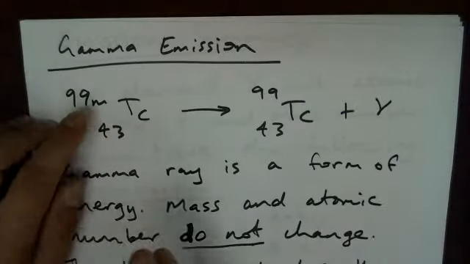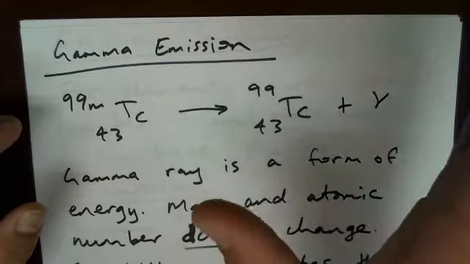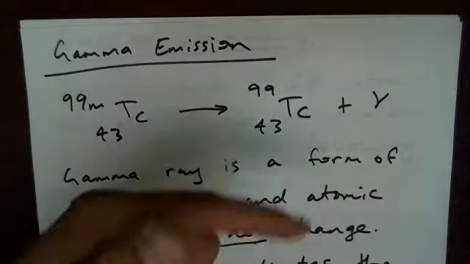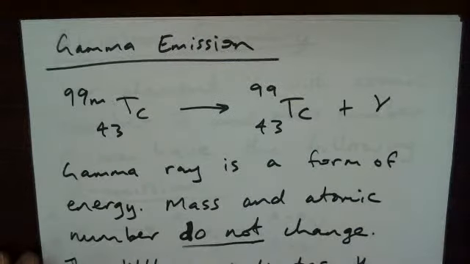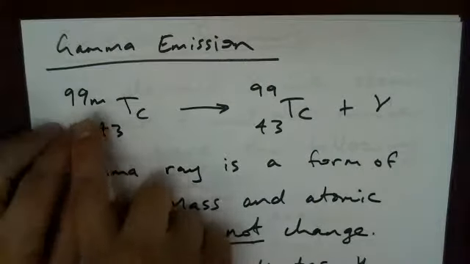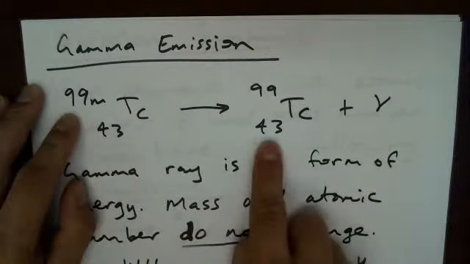All it does is that the element is at high energy, and then it releases the gamma ray, and then it relaxes down to the lower energy state. And so nothing changes. You have the same mass number, you have the same atomic number.